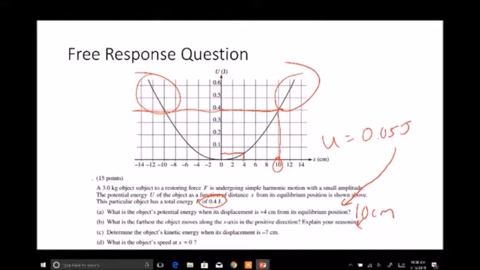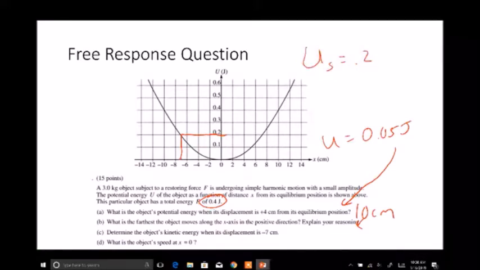C, determine the object's kinetic energy when its displacement is -7. So let's go to -7, which would put us about right in here. Go up and cut the graph. So at -7, the amount of potential energy is about 0.2. Remember that mechanical energy is potential plus kinetic.